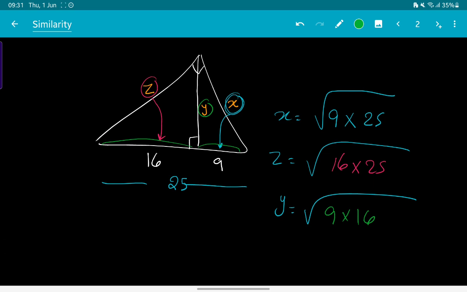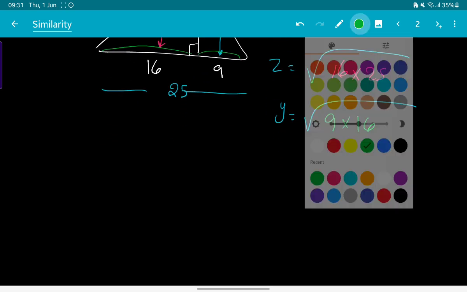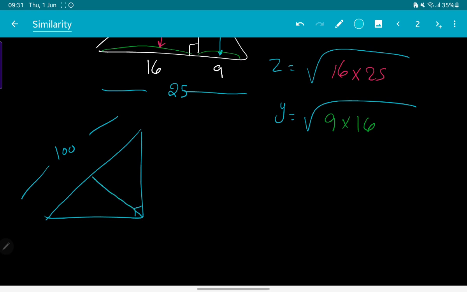Of course, we can do different examples. For example, here the base is 100, and this is 36.